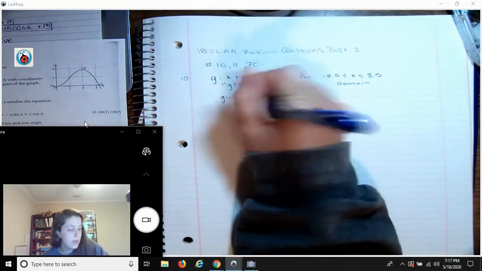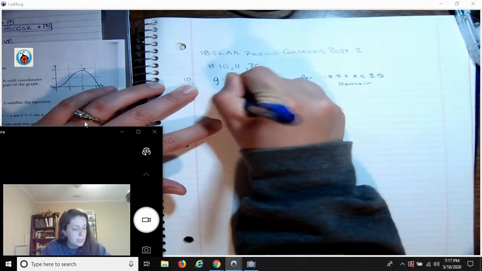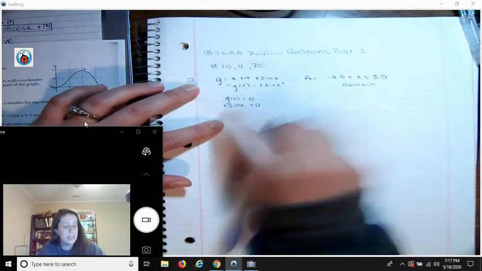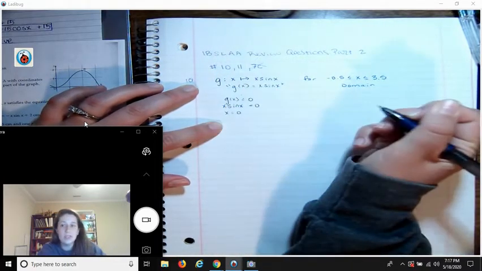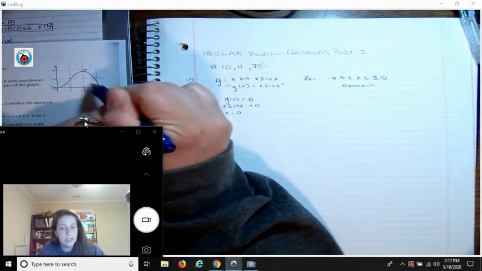Okay, so we're going to have x sine x equals 0. So there are two ways that you can get the product of x and sine x to be 0. The first way is when x is 0. That way is already shown on here, and we know that's not A because A is non-zero.